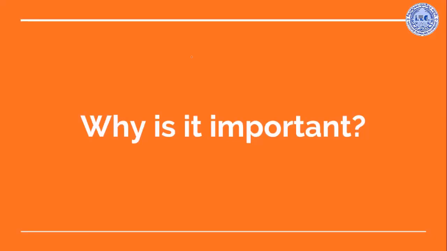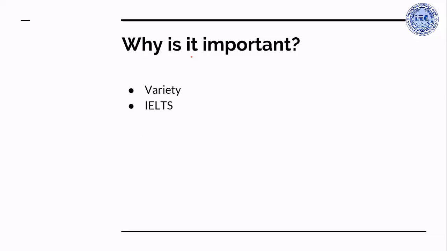Again, everyone, why is it important to use them in your writing? The first point is that it shows variety. Imagine this, everyone, if you write an essay and you only use simple sentences, there's no FANBOY, there's no subordinator, there's no sentence linker.